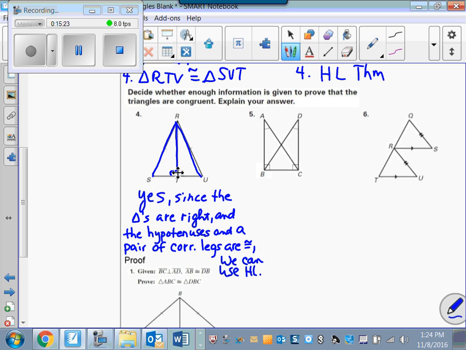And let's just go ahead and write our congruence statement. That's not a bad idea to practice that. Triangle RST here is congruent to triangle RUT.